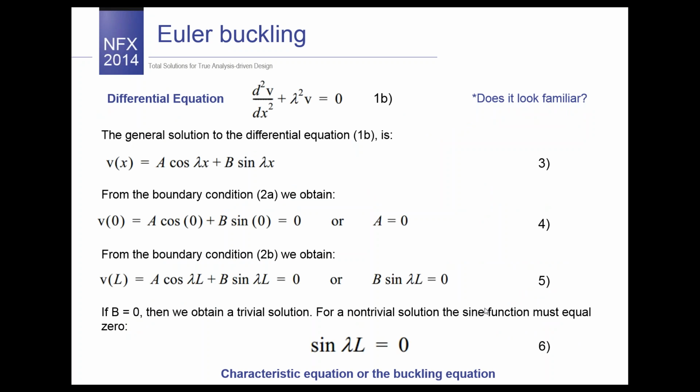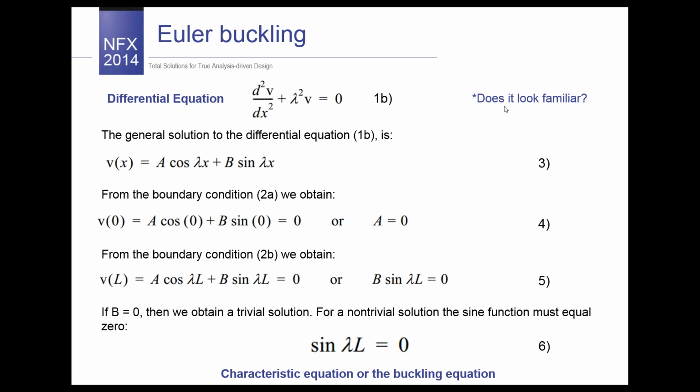And this trivial solution represents purely axial deformation due to compressive axial forces. And our interest is to find the value of P that would cause bending. In other words, we are looking for a non-trivial solution to the boundary value problem. So at this moment, let's take a look at equation 1b once again.